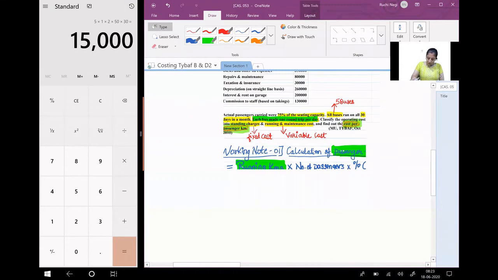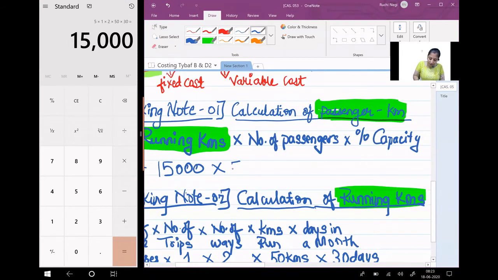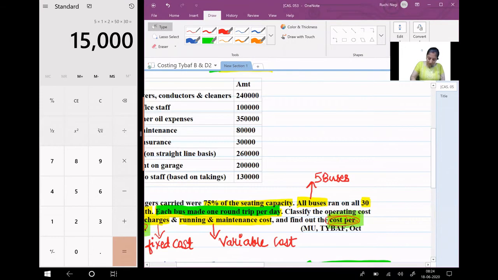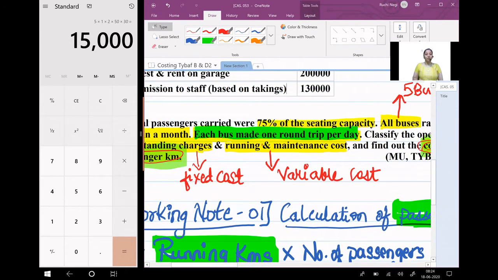So let us substitute 50 here. Passengers into percentage capacity. What is the carrying capacity of the bus? See below the table, the first line: actual passengers carried were 75% of the sitting capacity.